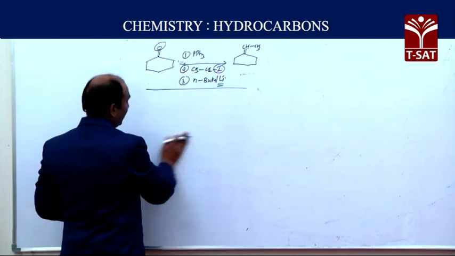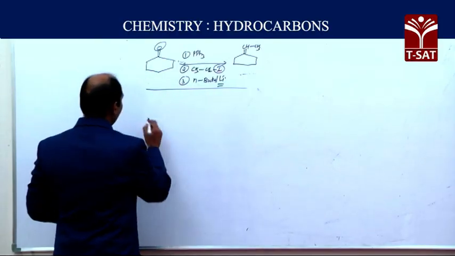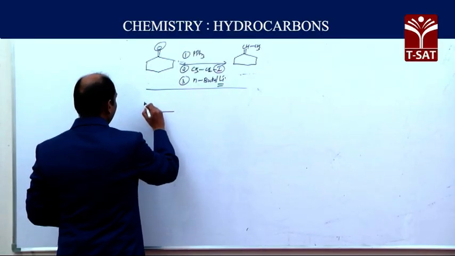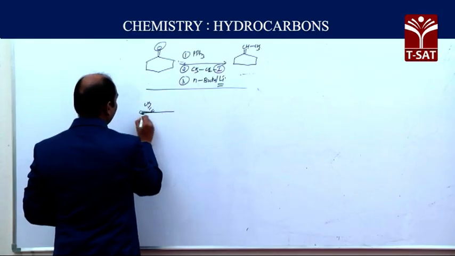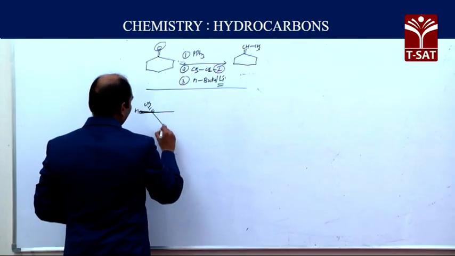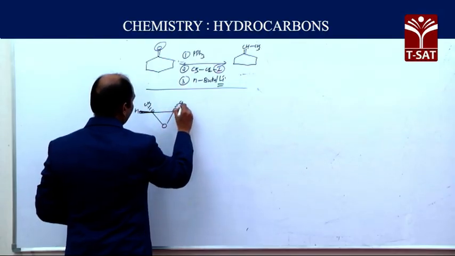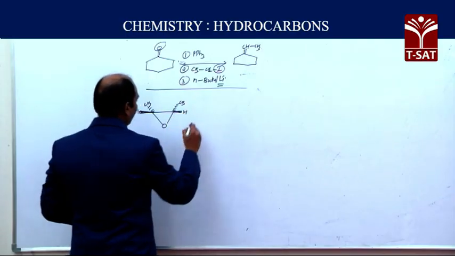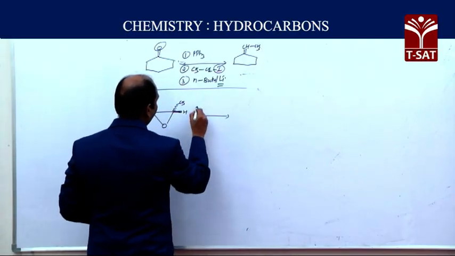This Wittig reaction can also be applied to aldehydes. Suppose, see here, this side is CH3, this side it is hydrogen, and here it is O, this is CH3, this is hydrogen. Suppose it is treated with PPh3.